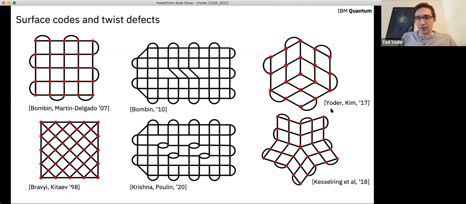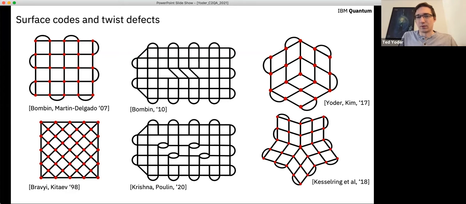Somewhat later, me, along with Isaac Kim, created this triangular surface code. It effectively has a twist defect in the middle, although it differs qualitatively from Bombin's code because there are no weight 5 stabilizers.